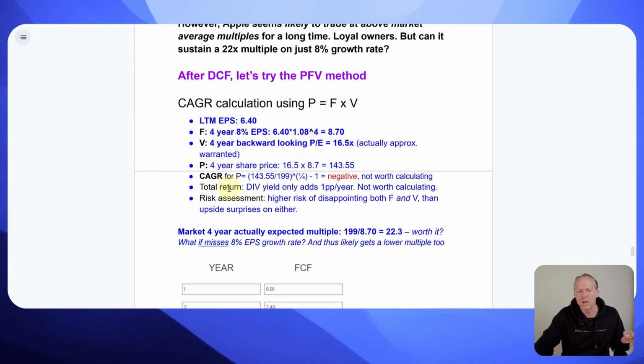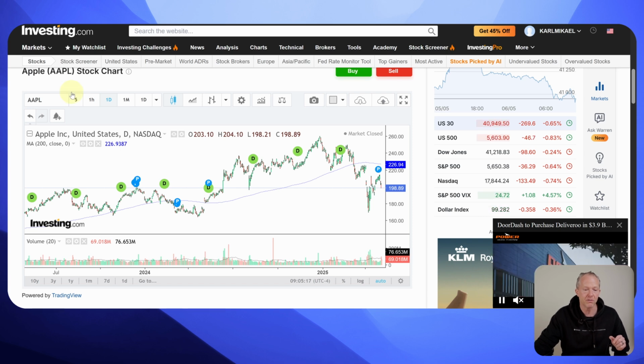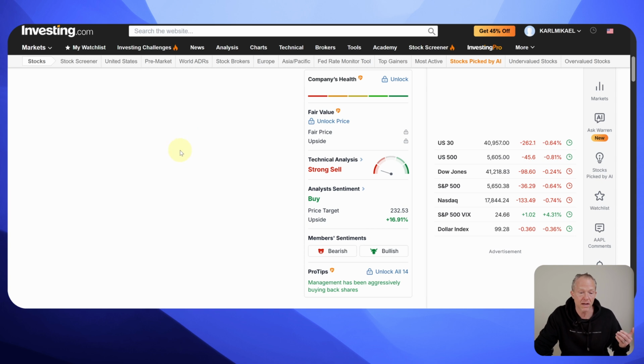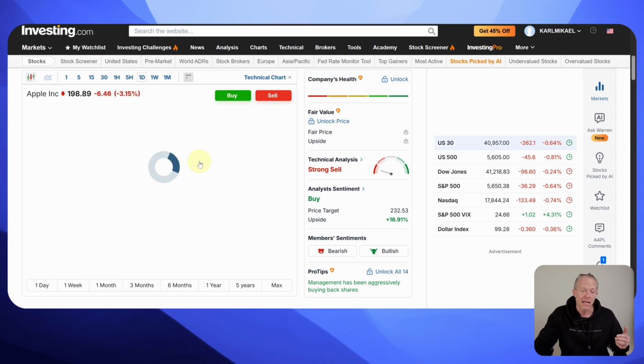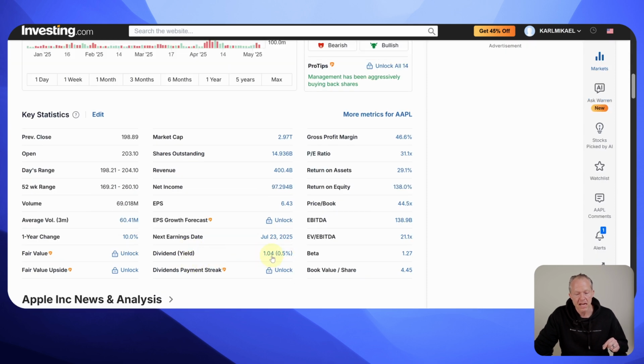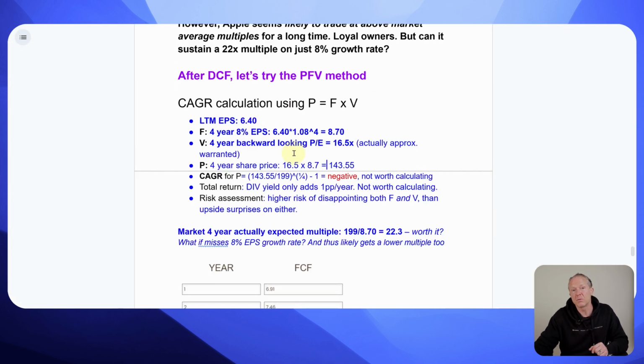Total return, well, we would need to add the dividend yield. If you don't care to calculate it yourself or find the actual numbers, you can always check what the dividend yield is in investing, and you can see here that they state the dividend yield as 0.5%. So they are distributing just $1 per share, so a 0.5% addition. I've used the 1% estimate here.